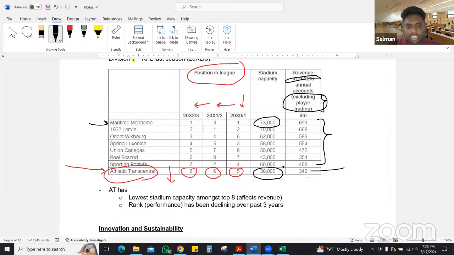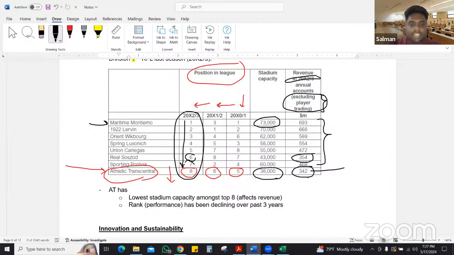And you can still see, right? This order is based on the current ranking. We, who are number 8, have 342 in sales revenue. The club ranked 6 has 354.